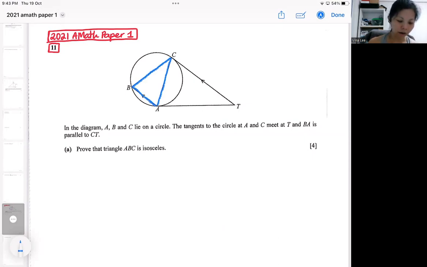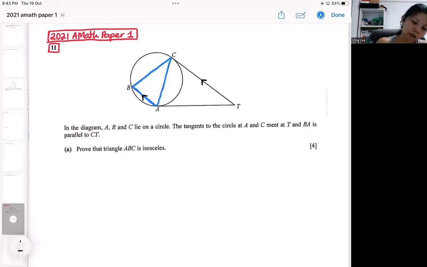So obviously, right now, I do not have any information about the length, so I shouldn't be trying to prove it by length. I should be trying to prove it by angles. So out of the three angles, I'm hoping to get two to be the same, and that will be the base angles of the isosceles triangle. So you can do some planning first.